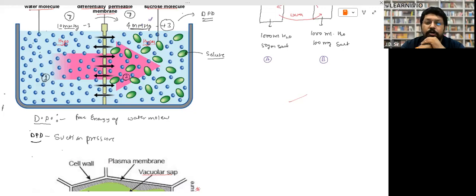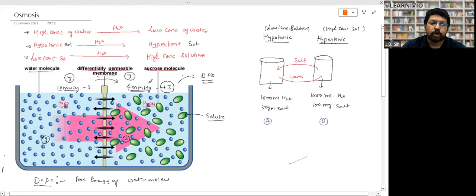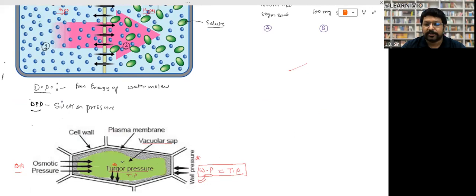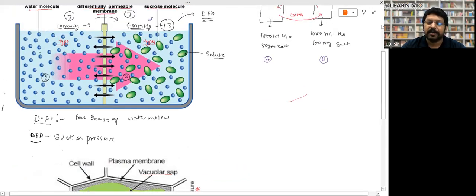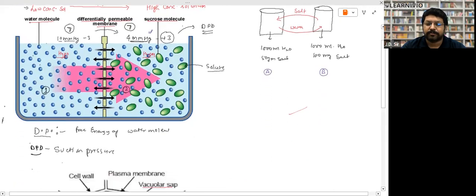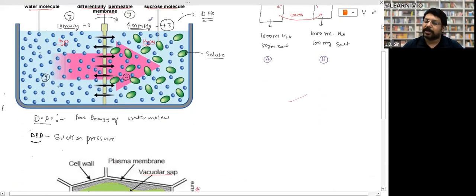But now we are explaining osmosis in terms of physics, whereas before we explained it in terms of chemistry. That is the difference. DPD is a physics term, and osmosis is a chemistry term. Both concepts are given in your NCERT. That's why I'm explaining.